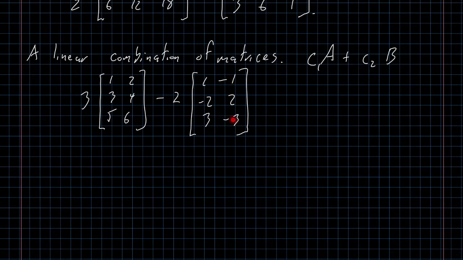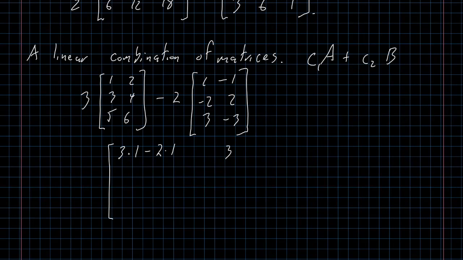Notice here that we've got negative in the right column on the first row and the third row, but negative on the left column in the second row. All right, we should do this in 2 steps. Multiply 3 times the first matrix, multiply negative 2 times the second matrix. I'm going to write everything out in a really messy matrix. So we've got 3 times 1 minus 2 times 1.